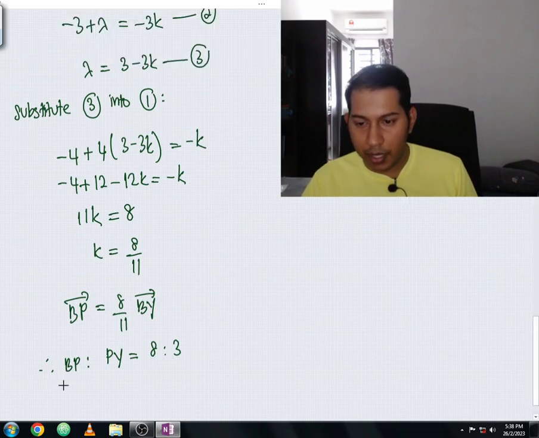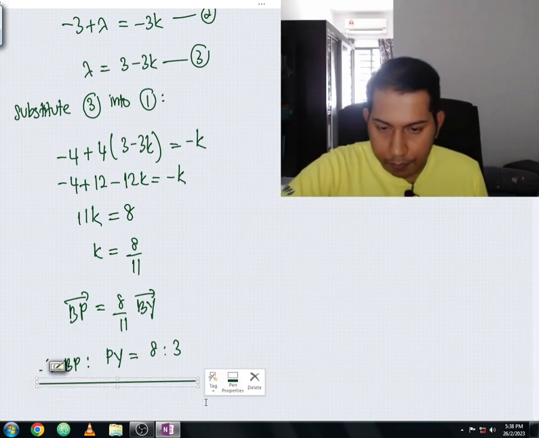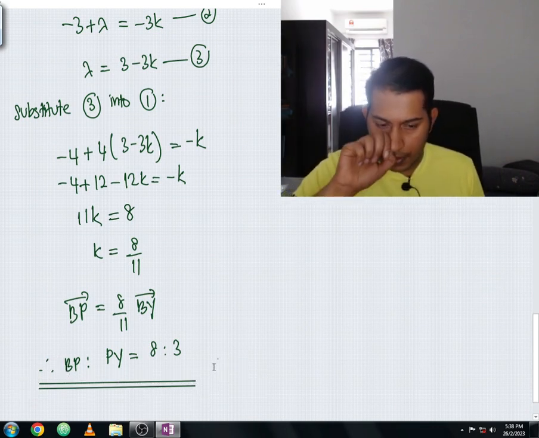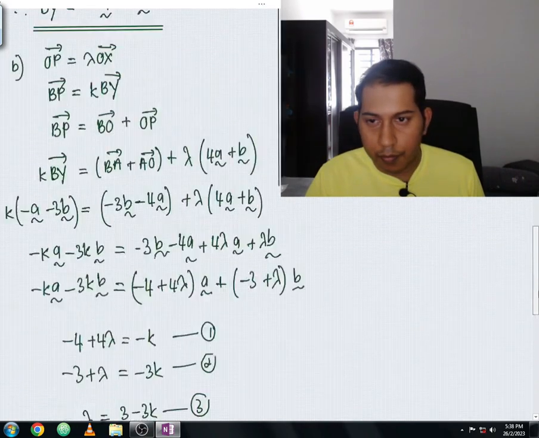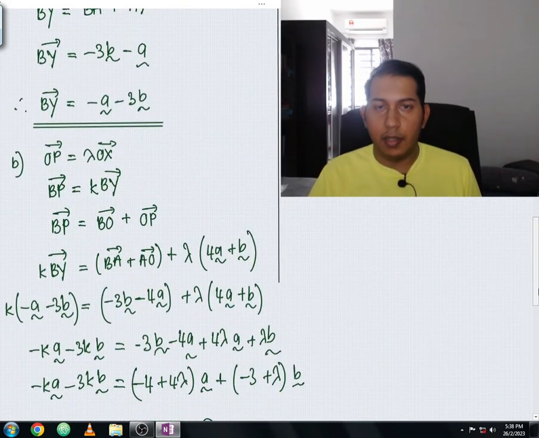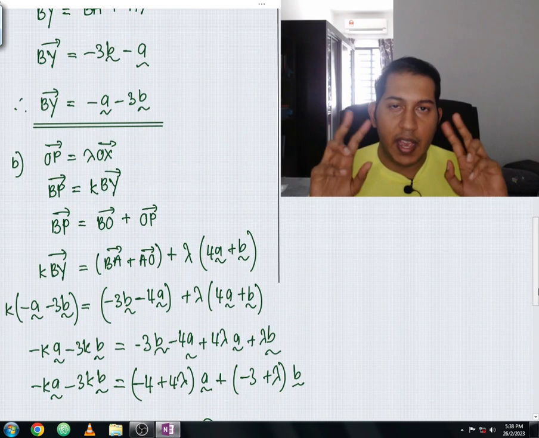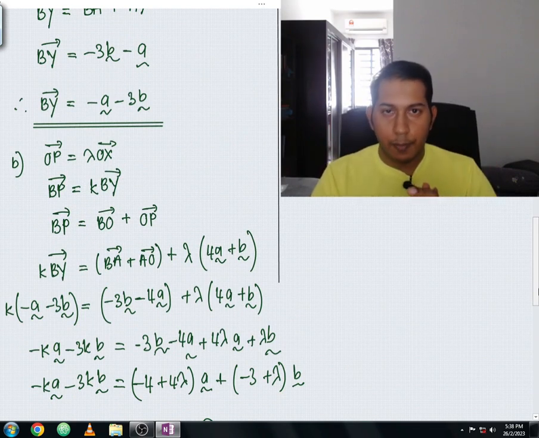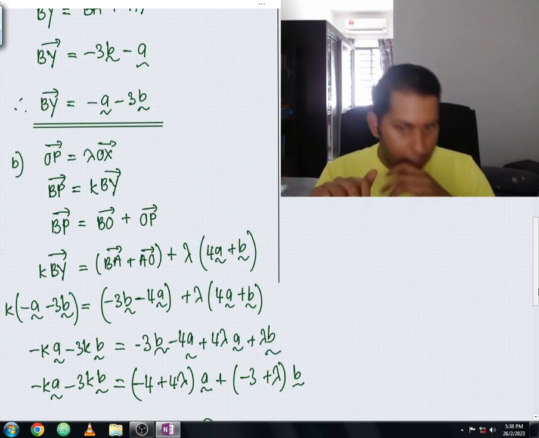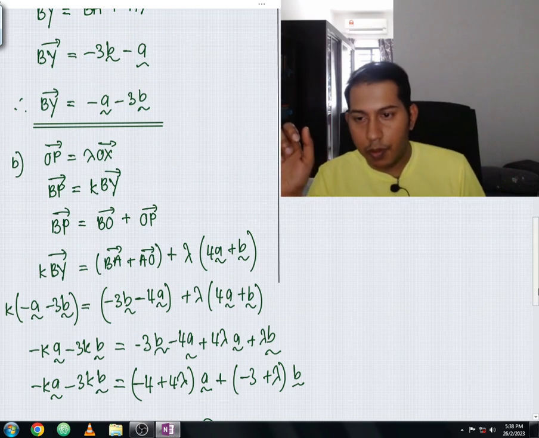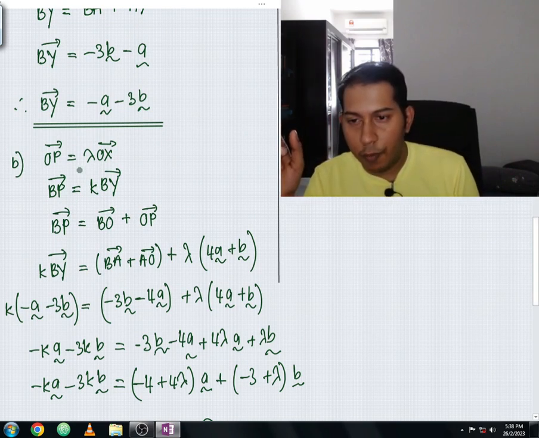I know it's a bit tricky. So technically what we are doing here, at first we have two collinear equations, and then from there we solve them one by one.